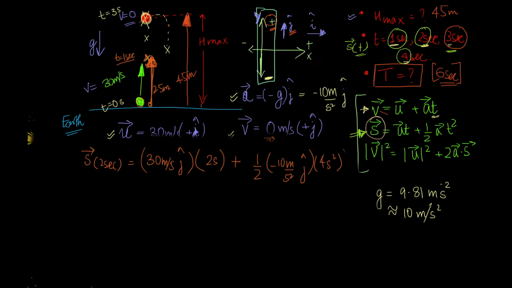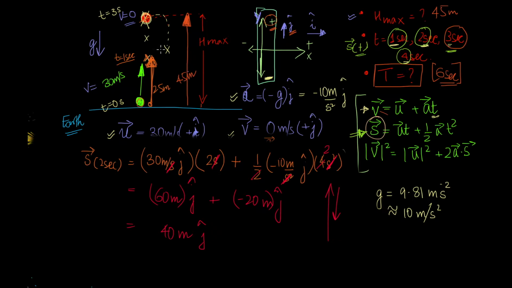What we can do at this point is to cancel out the seconds as before, second squared as before, and we get 30 times 2, 60 meters in the j direction, plus 4 by 2 is 2, and 2 times 10 is negative 20. Negative 20 meters in the j direction. So again, you're getting a positive vector of 60 and a negative vector of 20. You're left with 40 meters in the j cap direction.